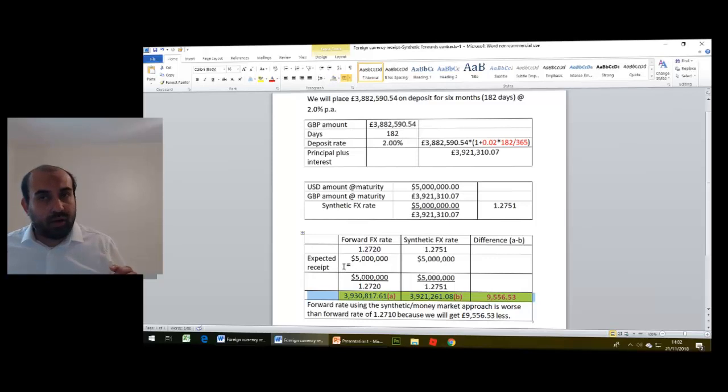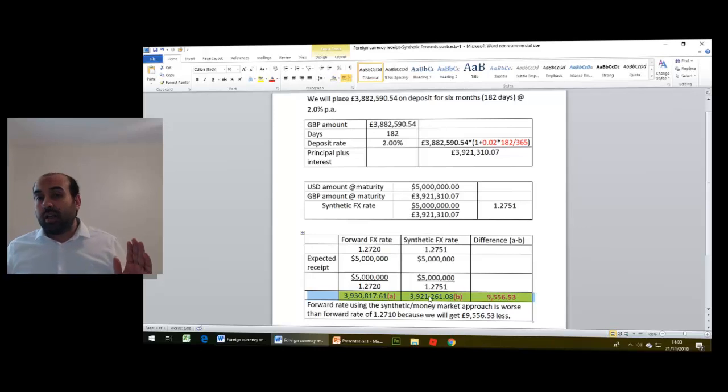If we divide the expected US dollar receipt of 5 million by the forward rate, you will get 3,930,817.61 sterling. If you divide 5 million US dollar receipt by the effective forward rate or synthetic forward rate, you will get sterling of 3,921,261.08.